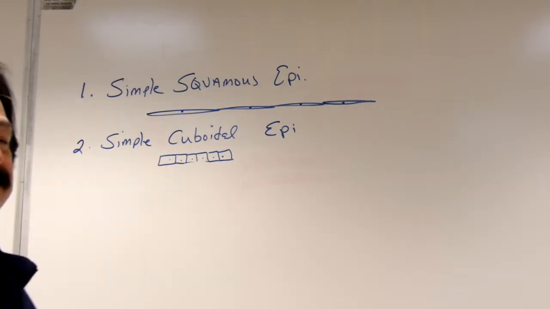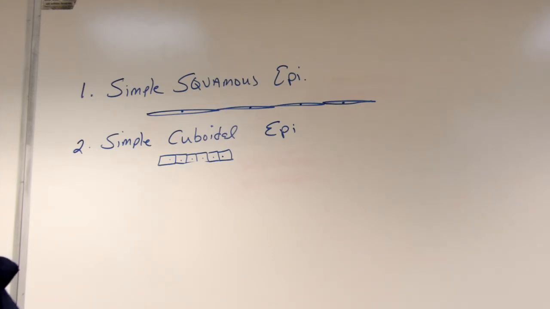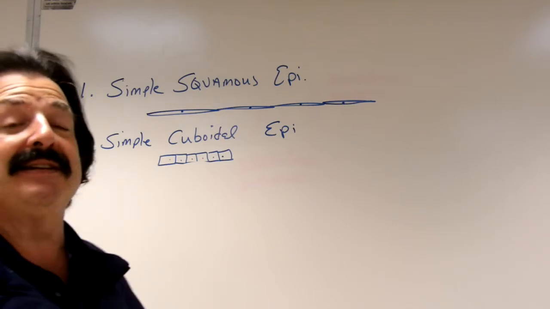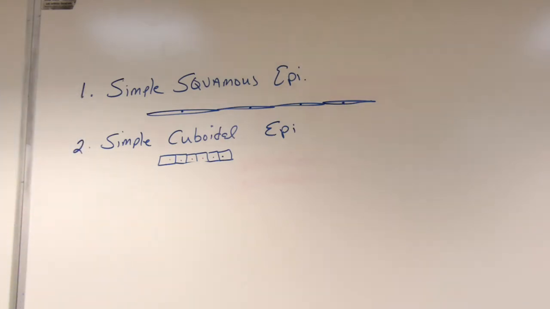Simple cuboidal, this tissue is going to be, or it would have the necessity of being a little more resistant, okay, a little stronger. And we find simple cuboidal in kidneys. And in the glomeruli, where you're having your filtration going on, things need to be able to move in and out of the cells of the kidney, and simple cuboidal does just the job.